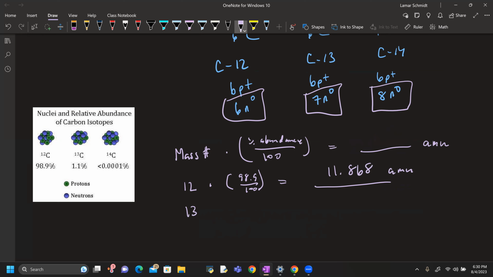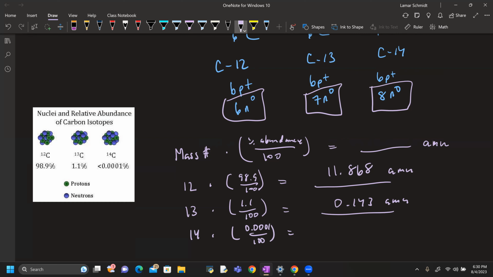Then we're going to do the same thing for carbon 13, with 1.1 divided by 100. And I encourage you to put this in your calculator. You're going to be doing calculations like this in another lesson for sure, but right now, I want you to understand the concept. And you're going to get 0.143. And then for carbon 14, it has a very small percentage.